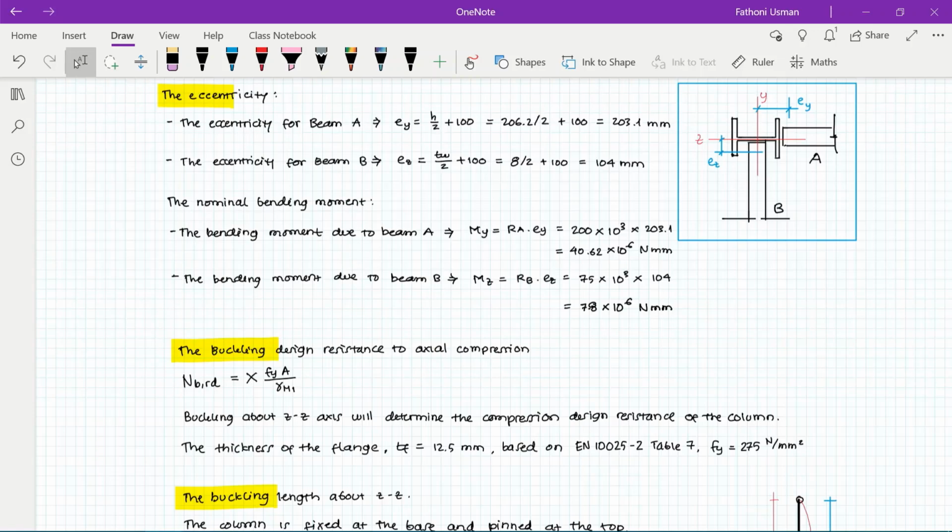So we have 40.62 times 10 to the power 6 Newton millimeter, or 40.62 kilonewton meter. And about the z-axis, the bending moment from beam B, the Mz, is 7.8 Newton millimeter.